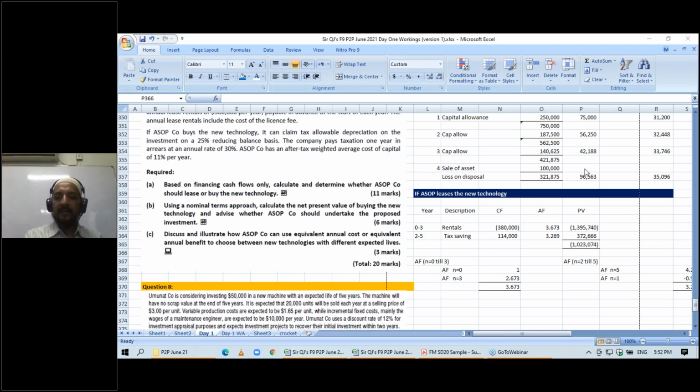So let me highlight it. Part B is present value, and part C is EAC, which we did in the first question. These two parts are to be done by you as an assignment for tomorrow.